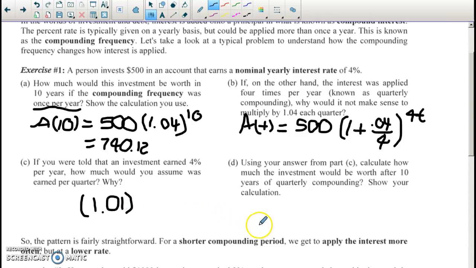And then we would come over to here now, and we would say, okay, so then how much am I going to have in 10 years?